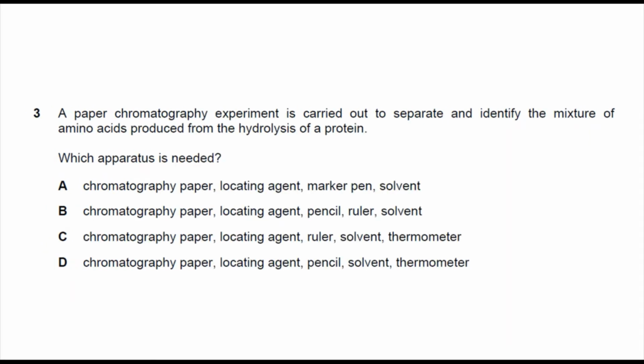Moving on. Question 3. A paper chromatography experiment is carried out to separate and identify the mixture of amino acids produced from the hydrolysis of a protein. Now, I hope you have seen my previous videos.